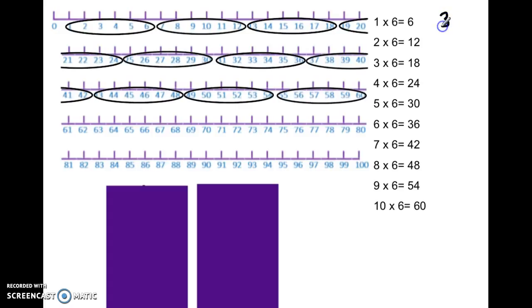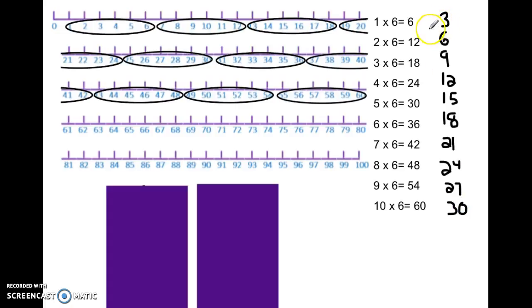If we're counting by 3s, we've got 3, 6, 9, 12, 15, 18, 21, 24, 27, and lastly 30.